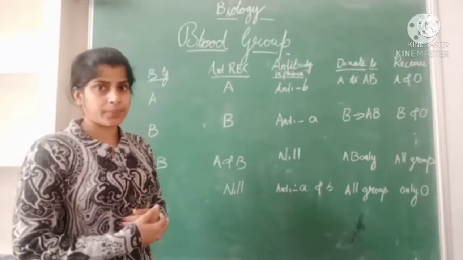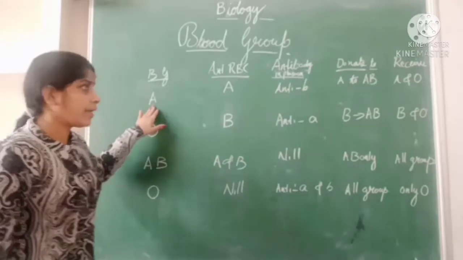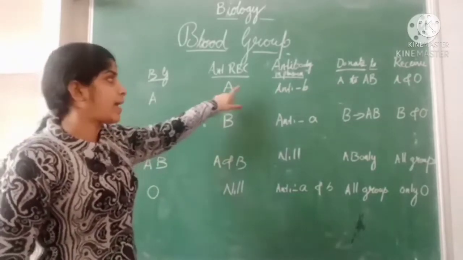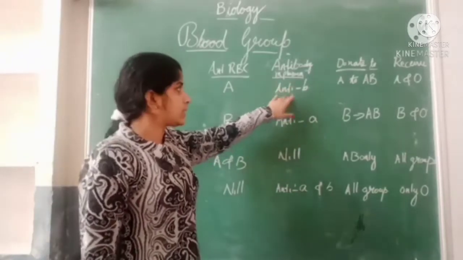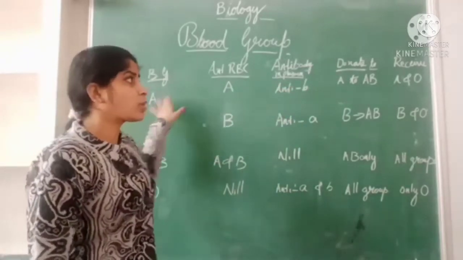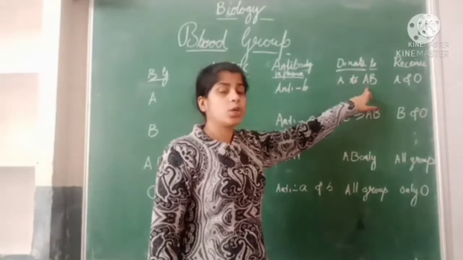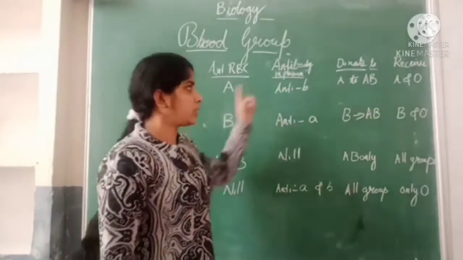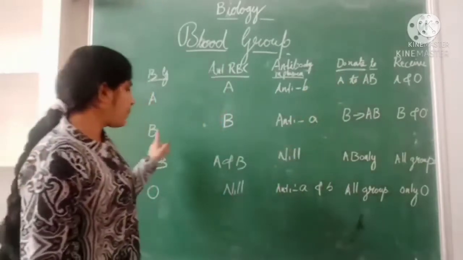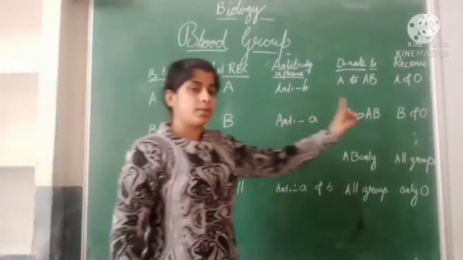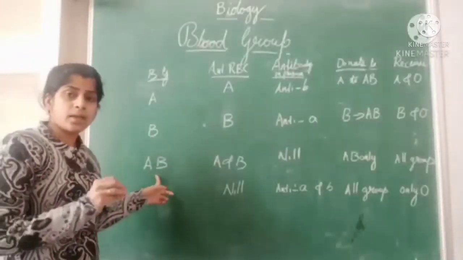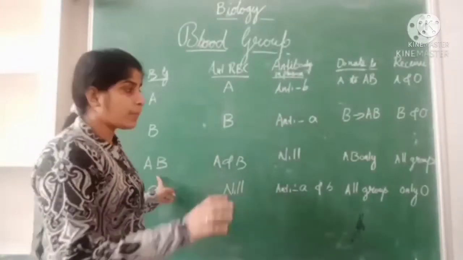Okay. So once again, A group has antigen A and antibody B, and this blood group can donate to the AB group. B group can also donate to AB group persons, and AB group persons can donate blood only to the AB group.